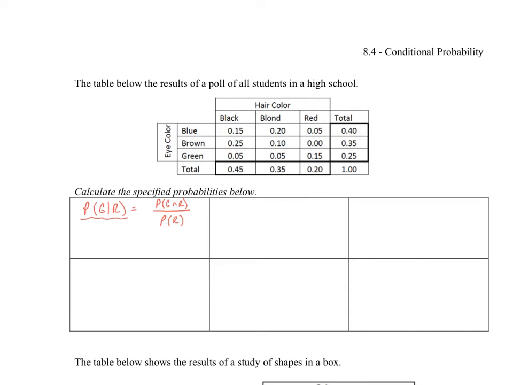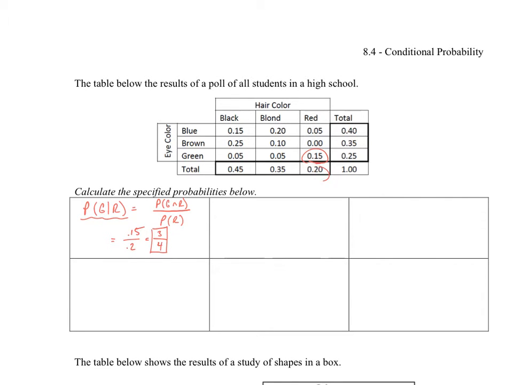But in this case, based on my table here, it looks like the number of people who have red hair total are 0.2, so that's my denominator, and the number of people who have red hair and green eyes is 0.15. So if I turn that into a reduced fraction, that's 3/4 or 75%, which is pretty likely.